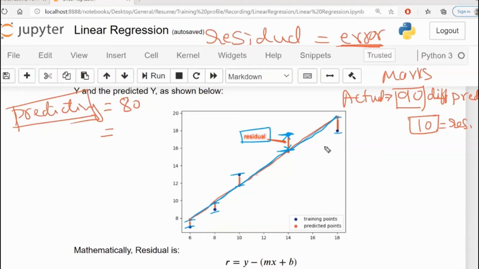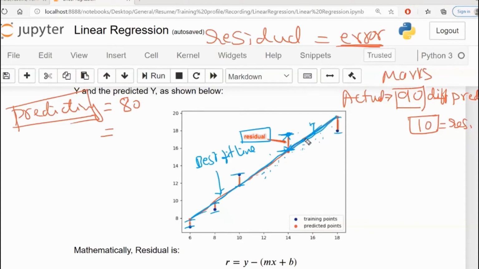Now imagine a data set with millions of observations. Then you can think of how many residuals we would capture. The best fit line: whenever we call a line a best fit line, it means it passes through those points, and the neighboring points are very close to this line.